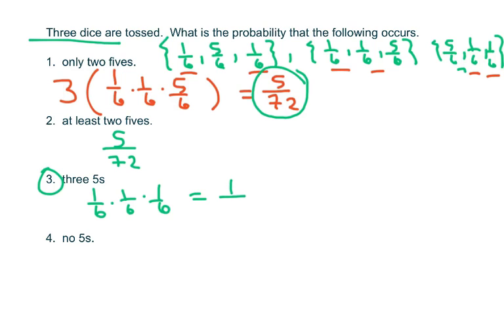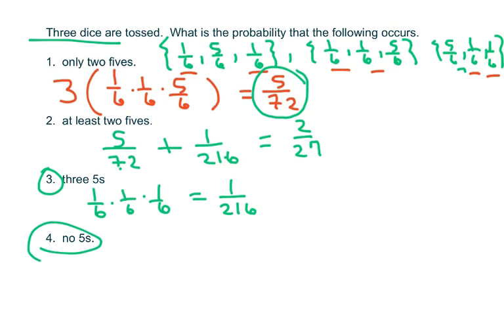So that would just be 1 over 216. So 2 5s would be 5 over 72. 3 5s would be 1 over 216. So 2 or 3, and when you add that up, you get 2 over 27.